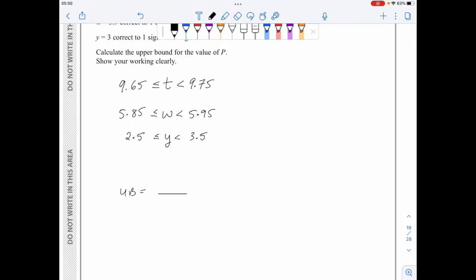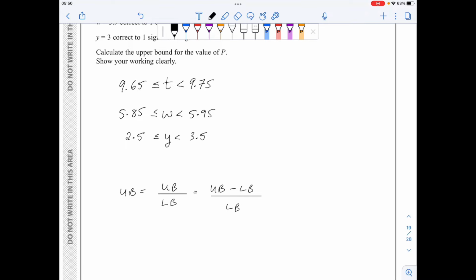Since I have a fraction, I'll need the upper bound of the top over the lower bound of the denominator, and the numerator is a difference, so I'll take the upper bound of the first number minus the lower bound of the second.